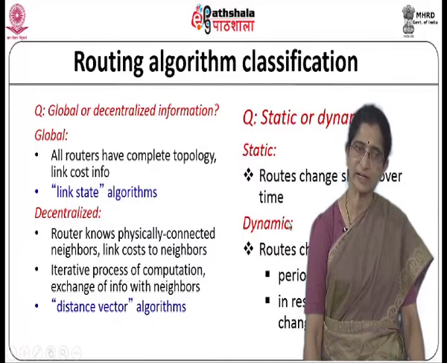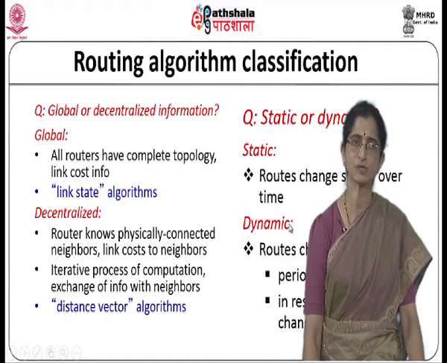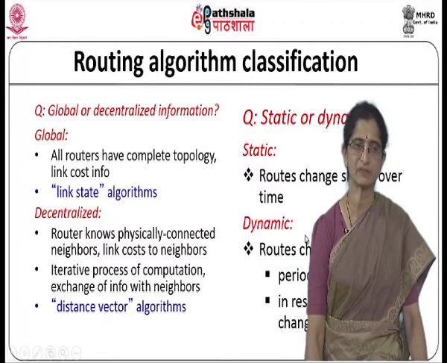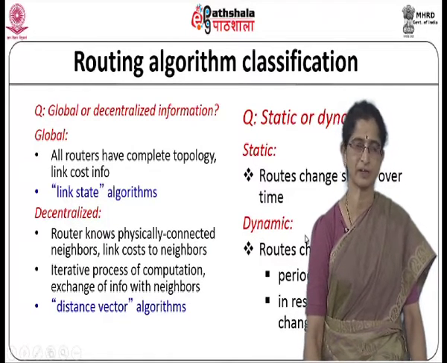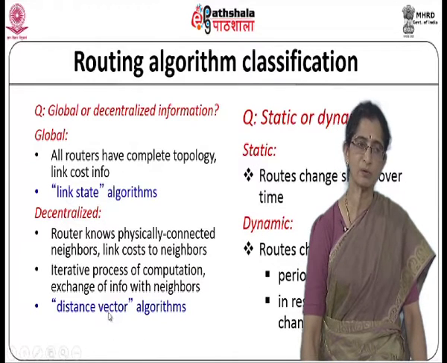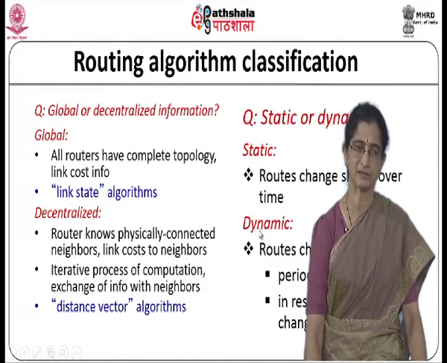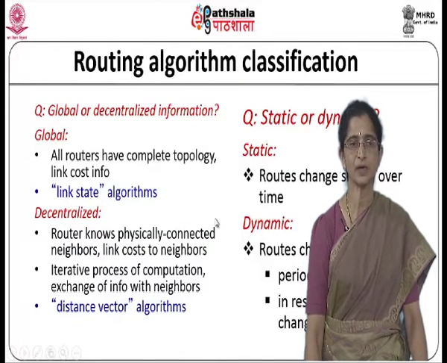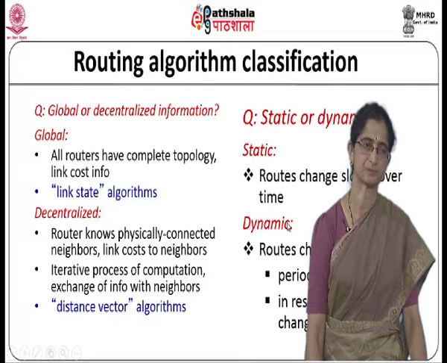Normally, we go in for dynamic mechanisms because we expect routes to change, and we would like to have periodic updates, and any change in the link cost should also be taken into account. So, we will now look at the distance vector algorithm, which makes use of decentralized information and also handles things in a dynamic manner.